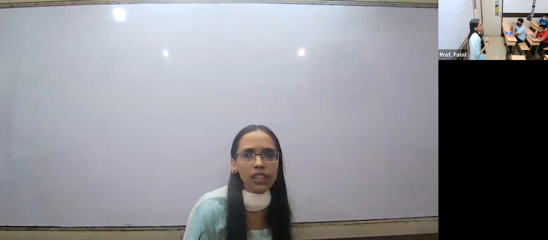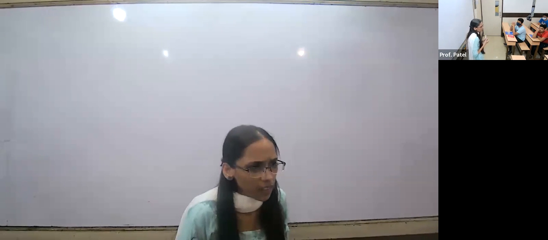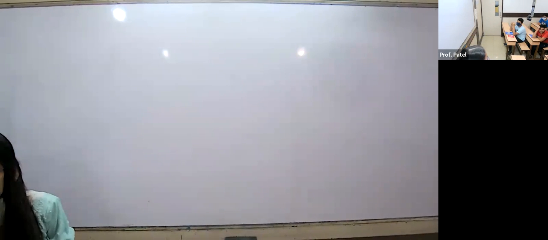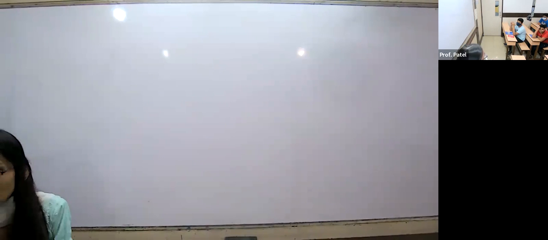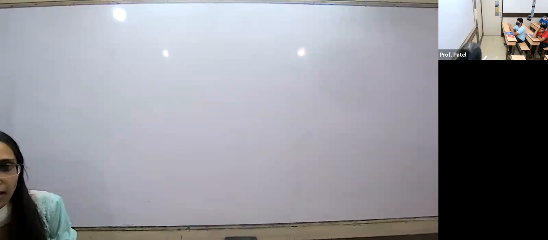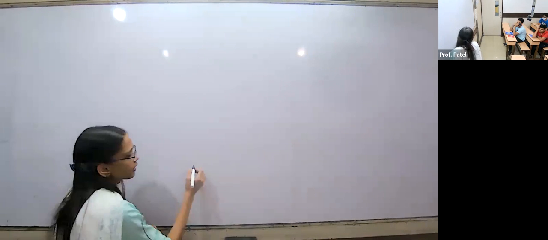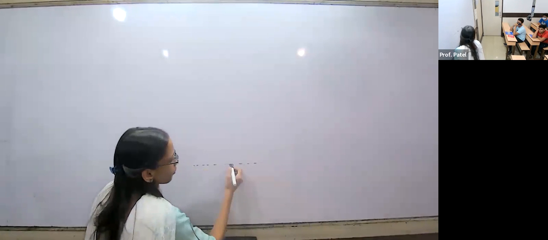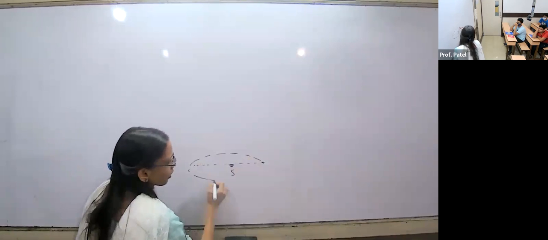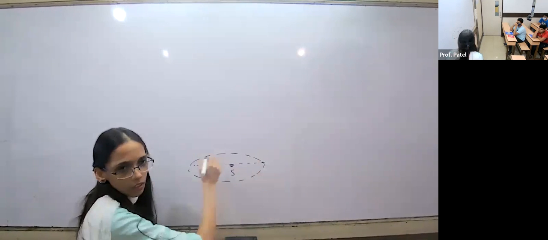And what did we do? We did parsec. Did anyone remember what is parsec? At least you should remember it is a unit of distance, and that is for celestial bodies. And we used something called semi-major axis. This is sun, this is earth, and it orbits in an elliptical path.